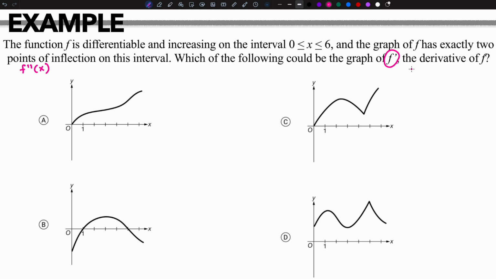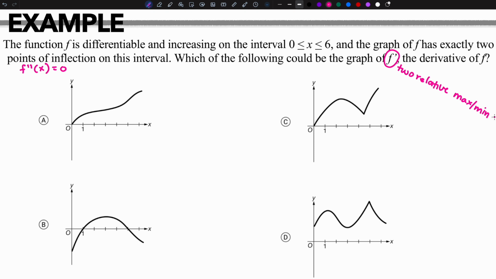So, if you think about the fact that it has 2 points of inflection, meaning that if you set the second derivative equal to 0, it's going to happen in 2 places, which means the first derivative is going to have 2 relative max or min.